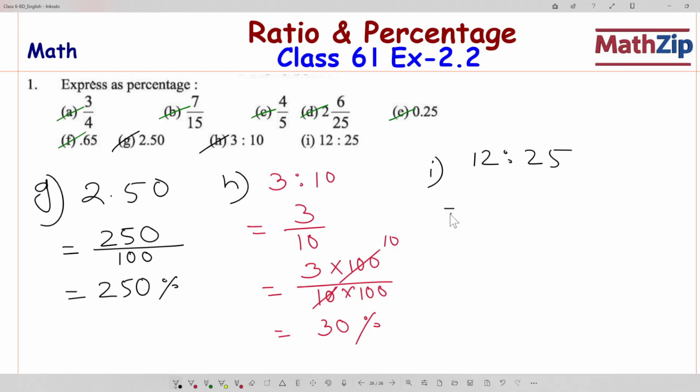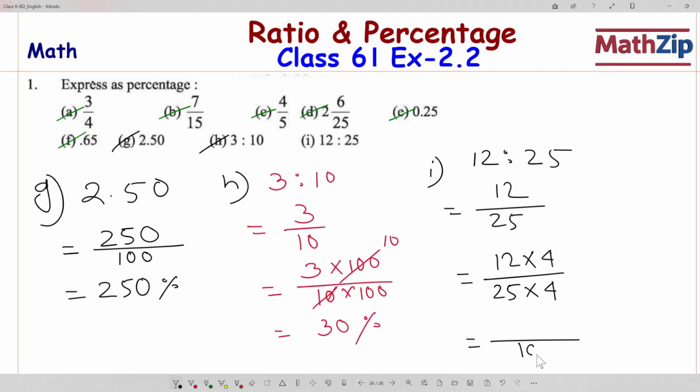And today's last question, which is 12:25. So we can write 12 divided by 25, right? So now we can do another trick. Like 12 and 25, we have to make 100 in the denominator. So times 4 and similarly times 4. It's another way. Our target is to make the denominator 100, and here 12 times 4 is 48, right?